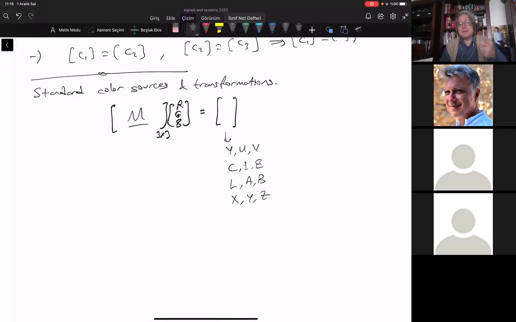One of them being, for example, the luminance, which can be the Y coefficient or the L coefficient. So that would be the intensity, the brightness. It would be useful to have one of them to be the intensity, because of an ancient backward compatibility issue that we had from the transition of black and white or grayscale television to color television.